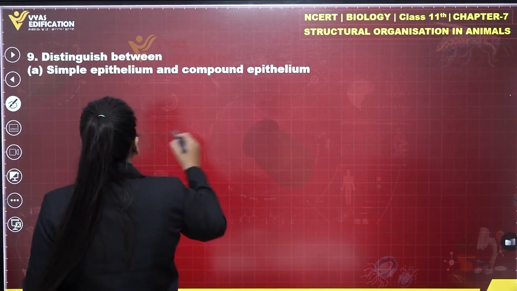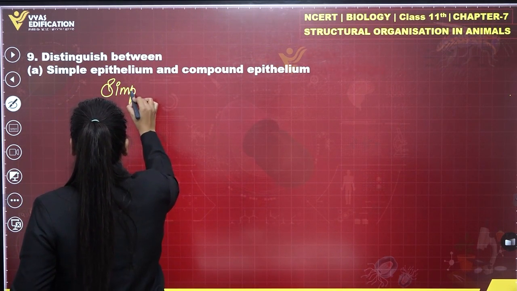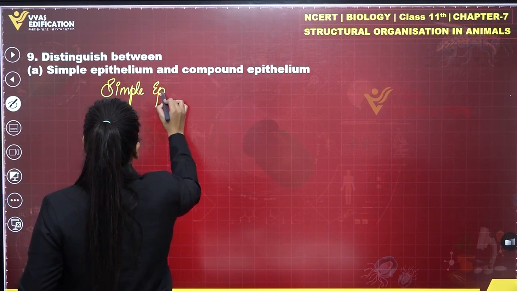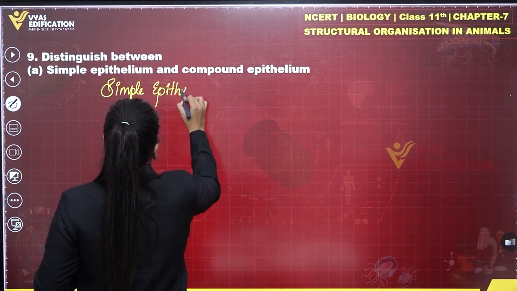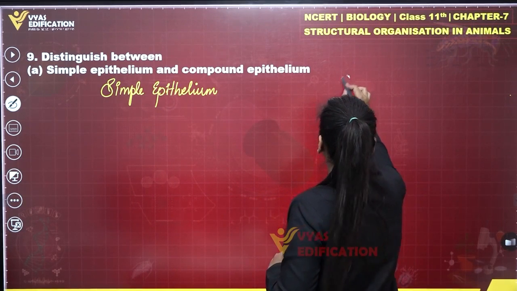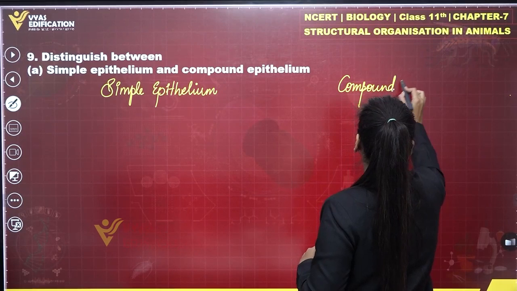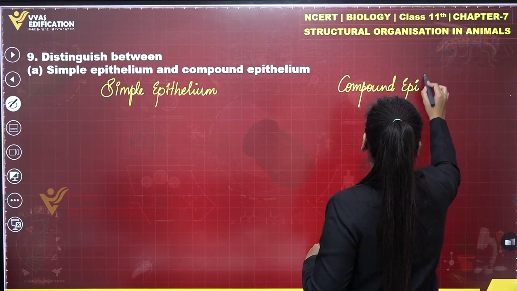Let's write this. So in the left column, we are going to write simple epithelium, and in the right column we are going to write compound epithelium.